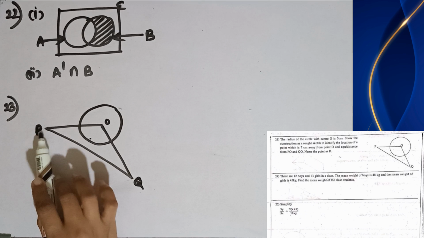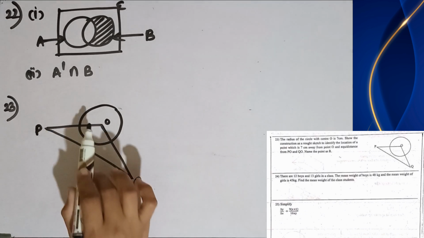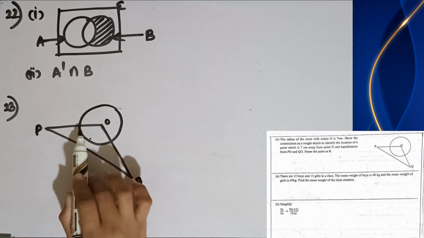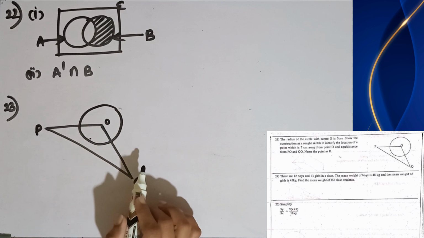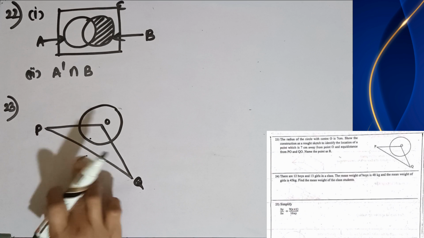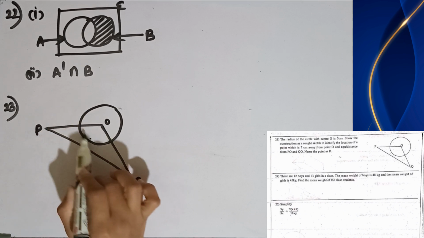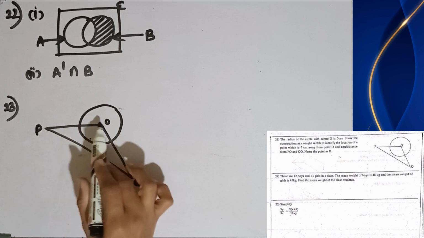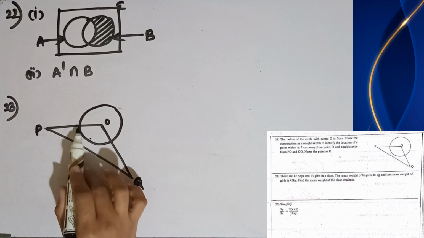These two straight lines intersect at O. So to take the locus of the points equidistant from these two straight lines, we have to take the angle bisector between these two straight lines. So this is the angle here.